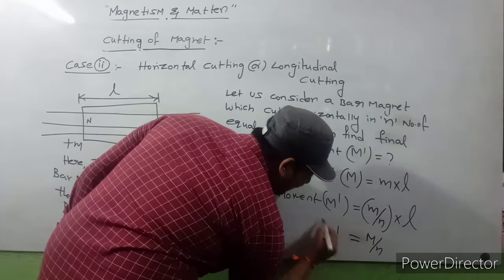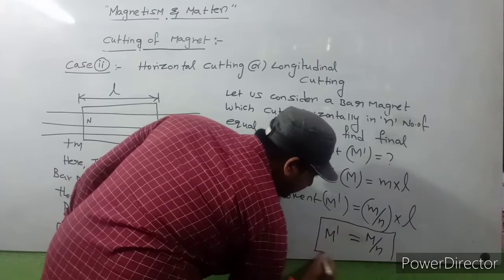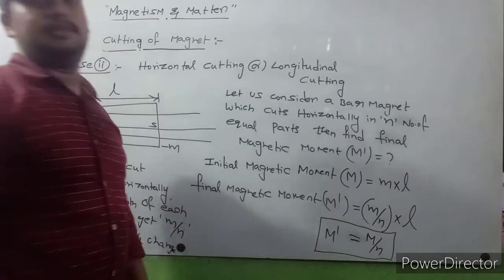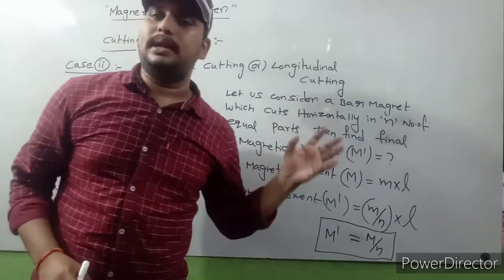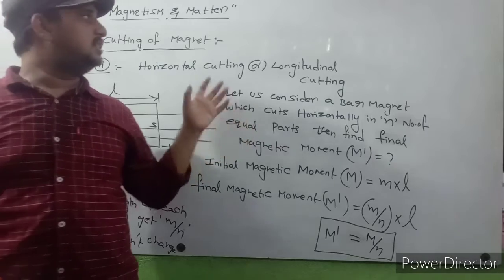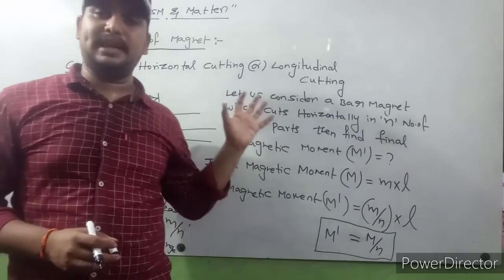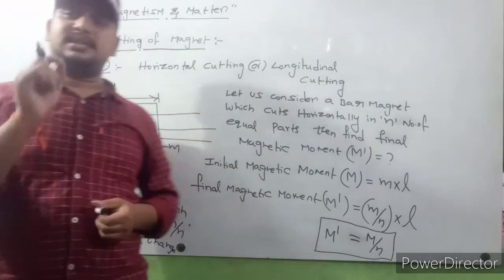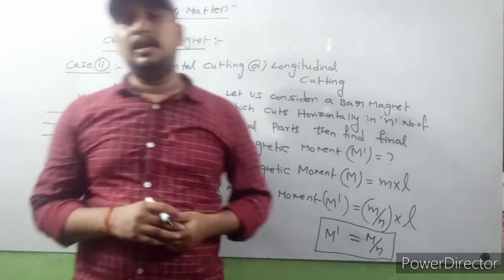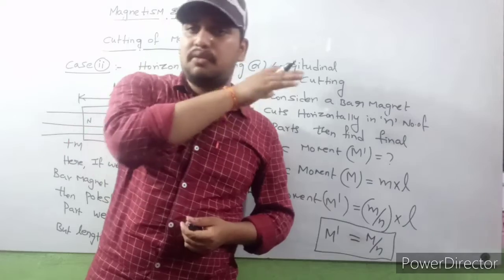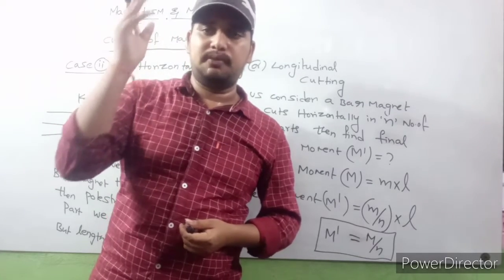So the final magnetic moment is capital M by n. So this is the solution of case 2.